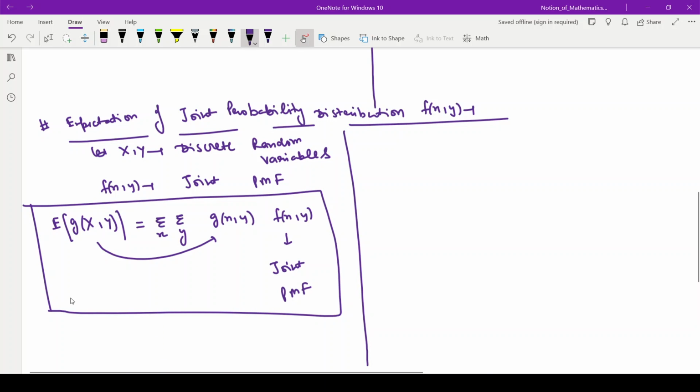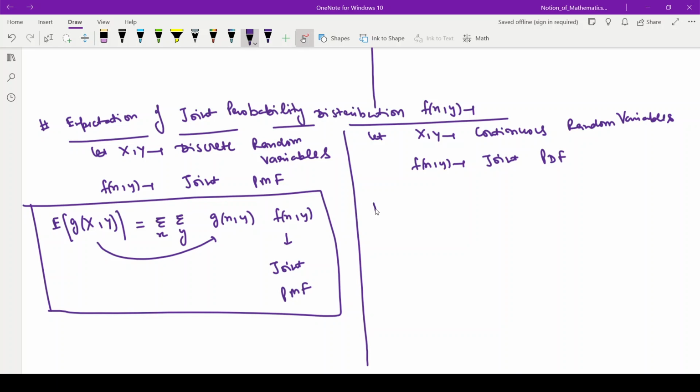Thereafter, if I'm saying X and Y are two continuous random variables, then f(x,y) is here the joint PDF, probability density function. So how to define the expectation of g(x,y)?